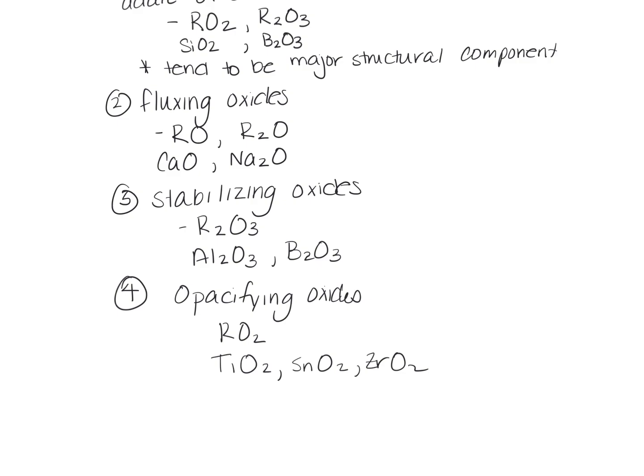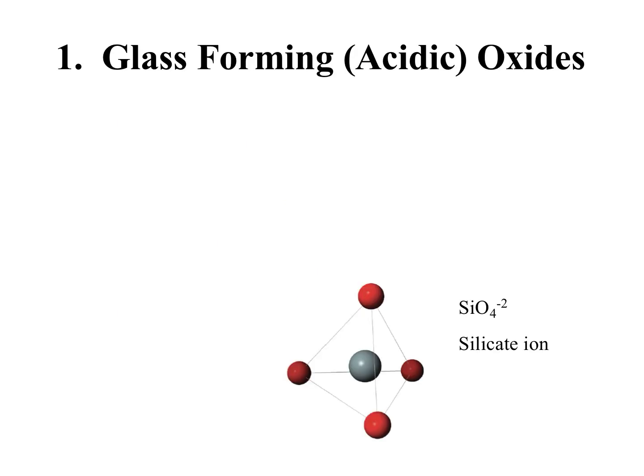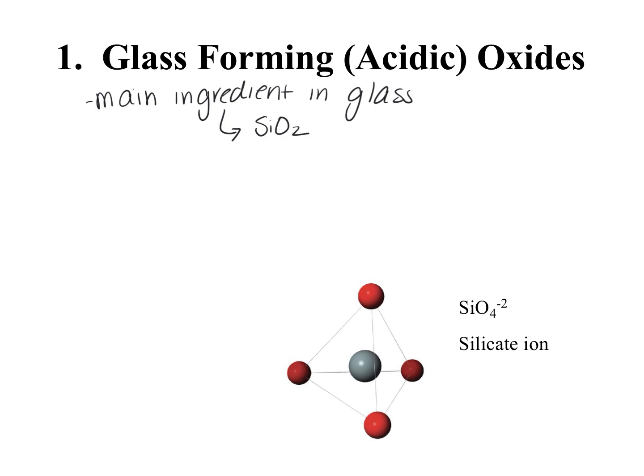So the first one I want to talk about are glass forming or acidic oxides. These are the main ingredient in glass. Right? Now, when we talk about the main ingredient in glass, that is SiO2.